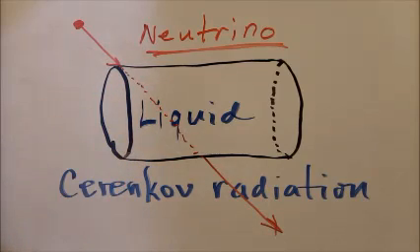So in that way, we might detect a neutrino using that technique, when otherwise neutrinos just pass through things without interacting with them. So the correct answer to this question is B.